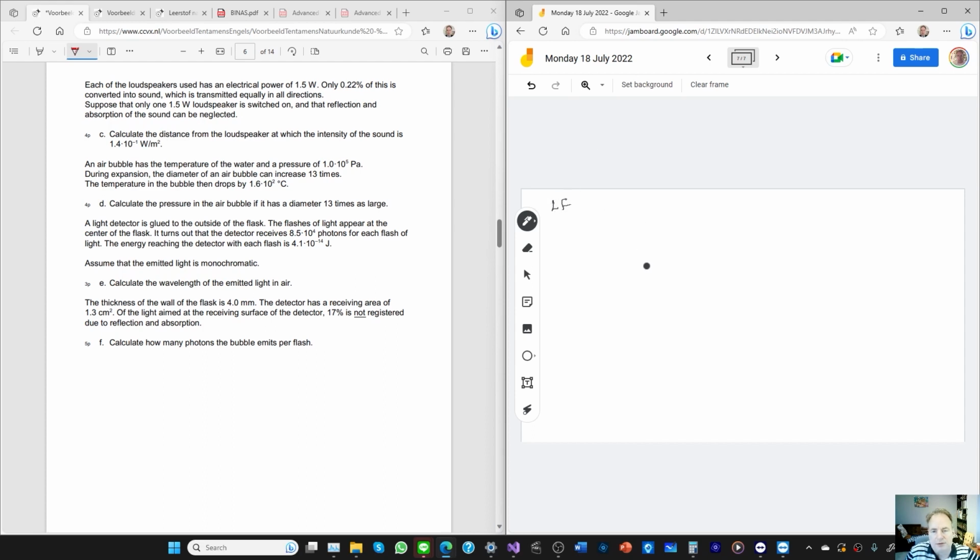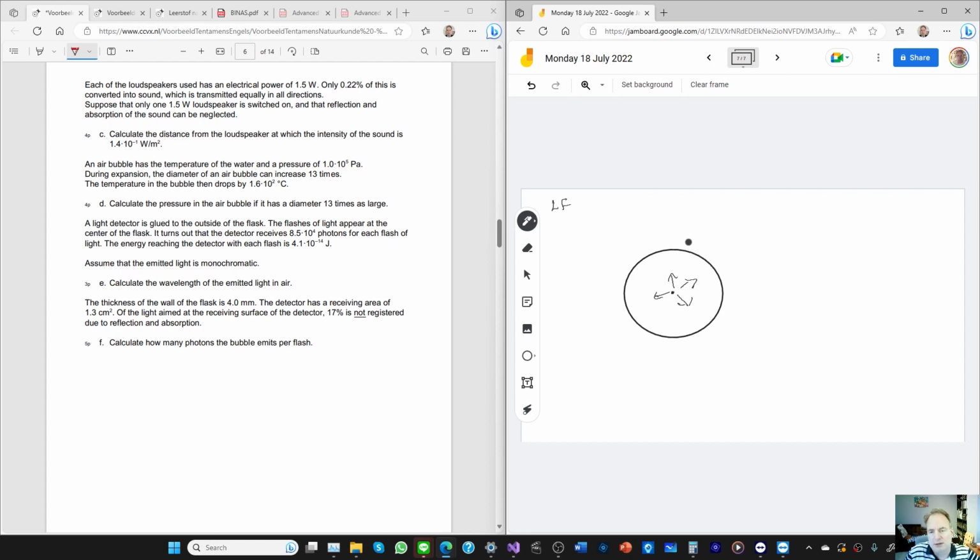Okay, so let's try to sketch it a little bit. So we say we have the center of the bubble here, and that emits photons in all directions. That's actually what they are asking for: how many of these are emitted per flash.